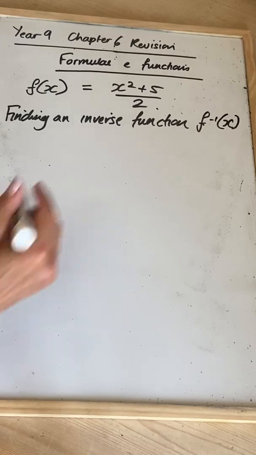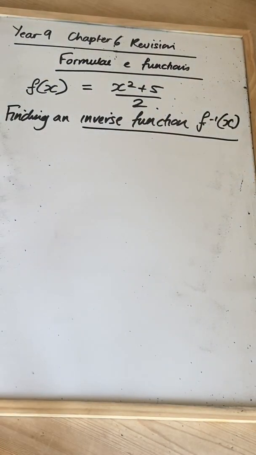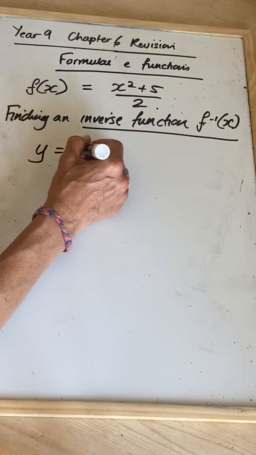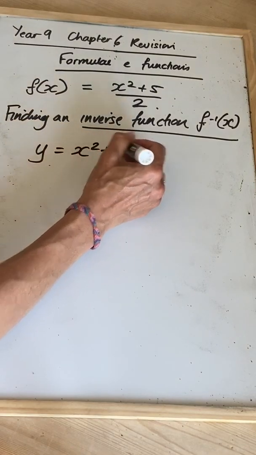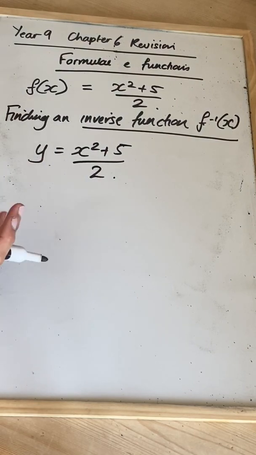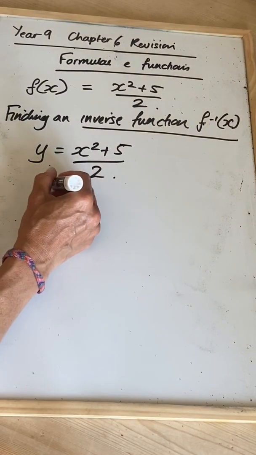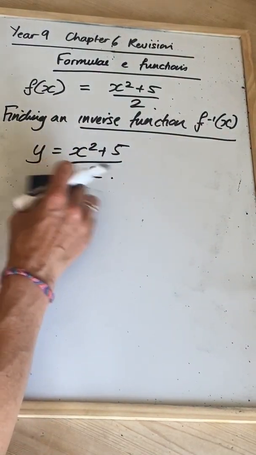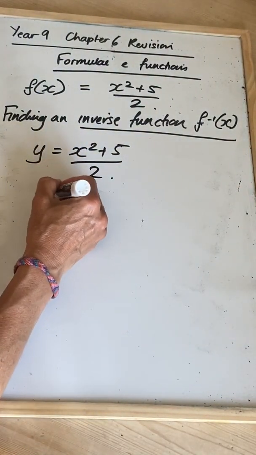That means the inverse function. Okay, so my suggestion for the way to do this, gents, is to take your function, set y equal to your function, and then change the subject of the formula. Or actually, I'm going to say make x the subject.